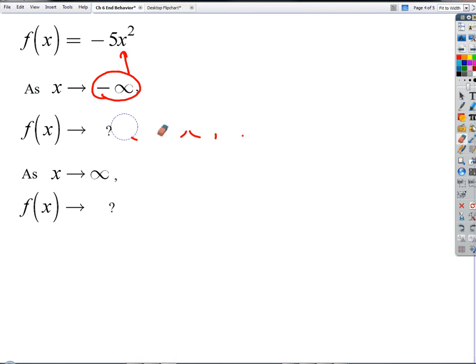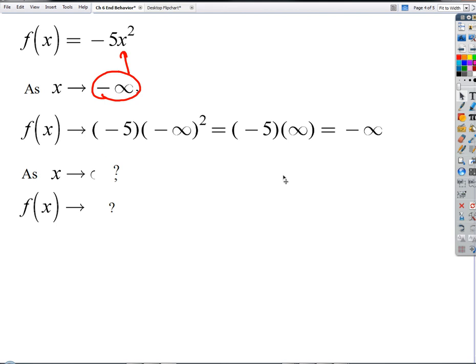You can also look at it this way. That's the easiest way. If you want to, you could even treat the infinity like a number. Take your pick. Look what I've done here. If I literally plug in negative infinity for x, this is the result I get: negative 5 times negative infinity squared. Now, does that make any sense? You can't really do algebra with infinities, but the concept makes sense.